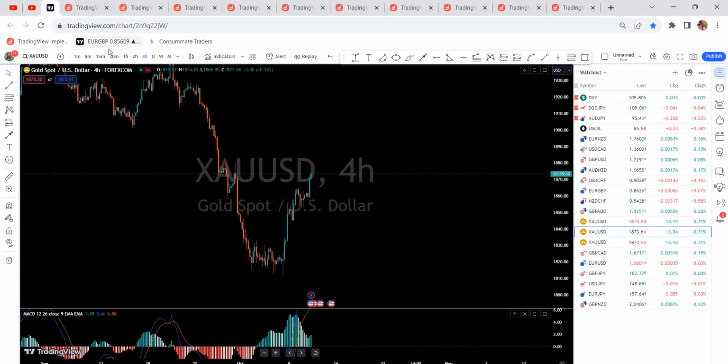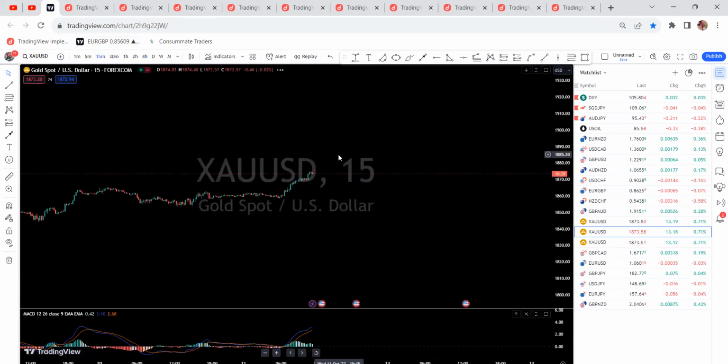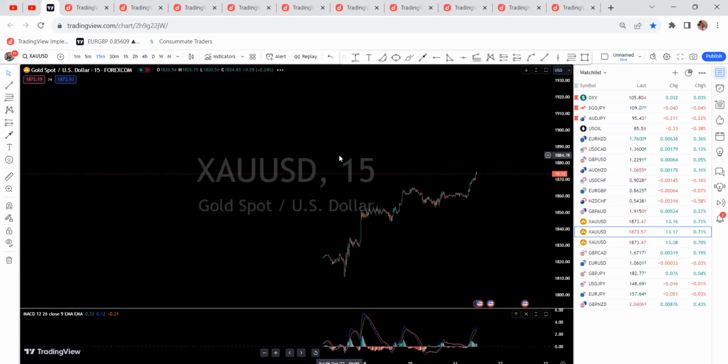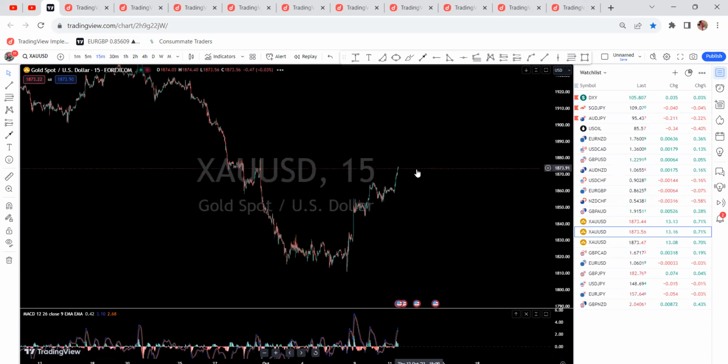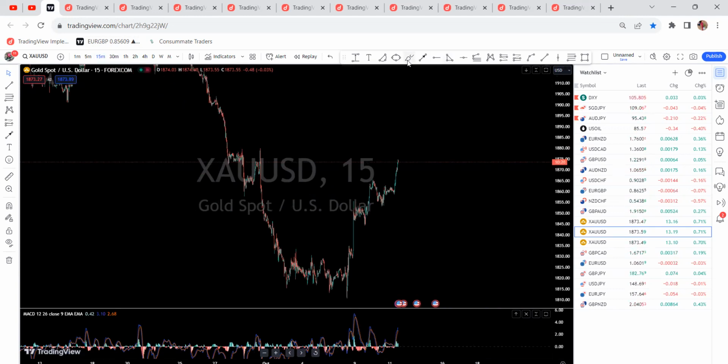But let me put it on 15 minutes to see what I might see later that can encourage me. If I see any corrective structure now, I will take gold upward. Gold is in an uptrend, no doubt about it, and it is setting off to push more up.